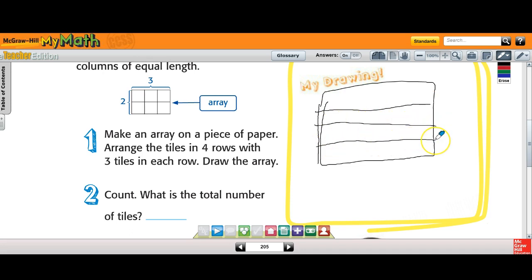Obviously mine's not perfect, but good enough. 4 rows with 3 tiles. That would be my array. And then tell me what's the total of that. How much do I have all together? Write it here.